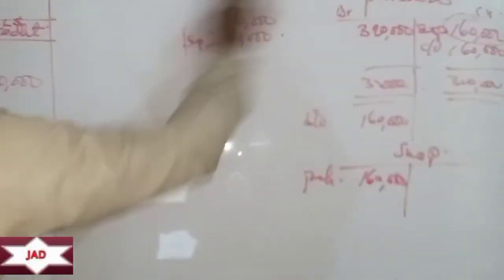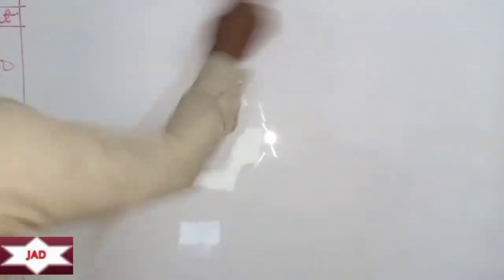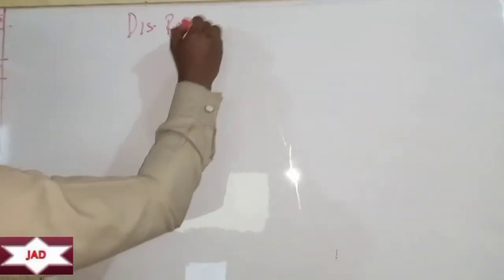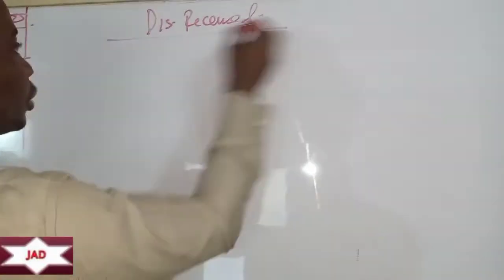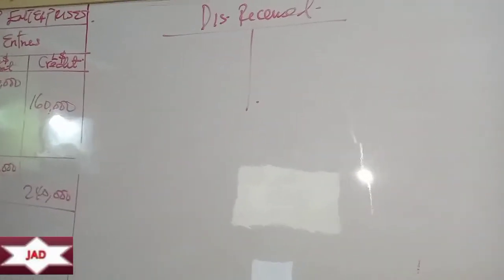So how do we interpret that investigation or that error? So we have discount received. Discount received is an income, so it's a credit balance. Discount received of $14,000 has been debited to discount allowed account.